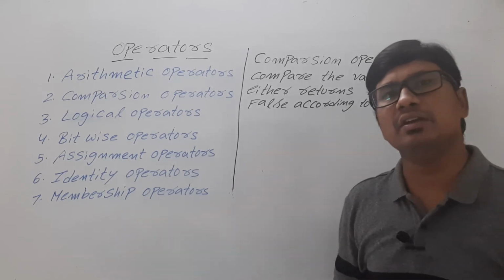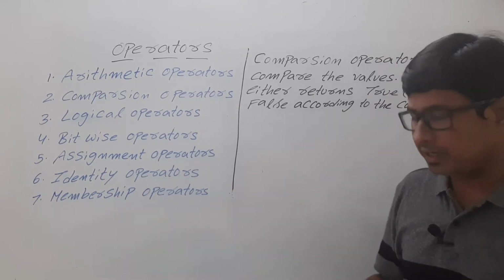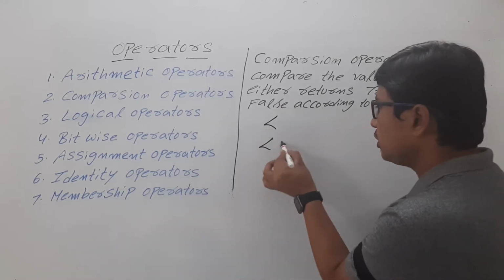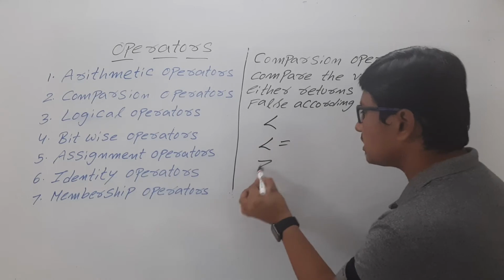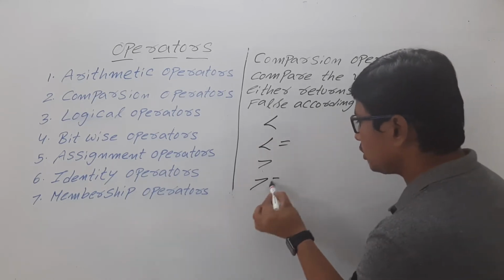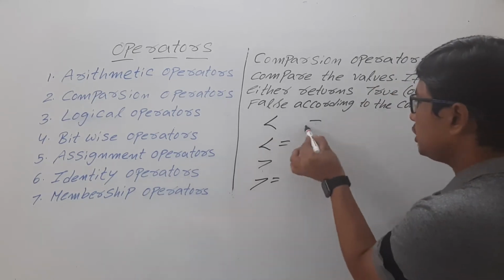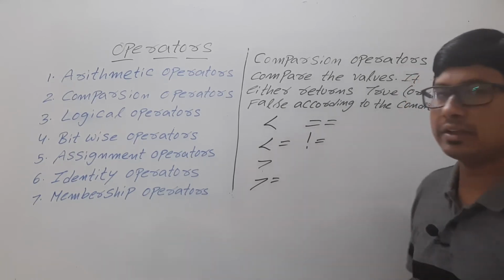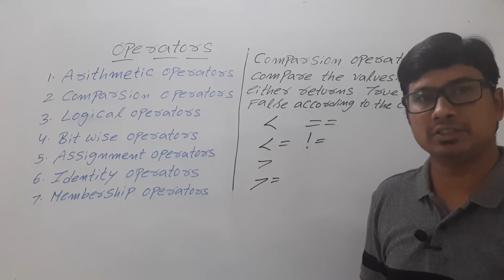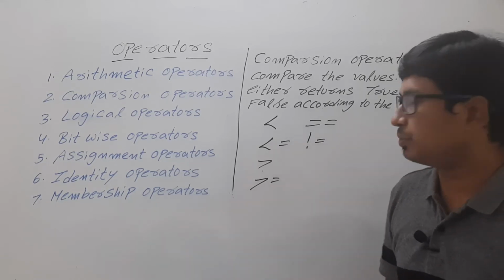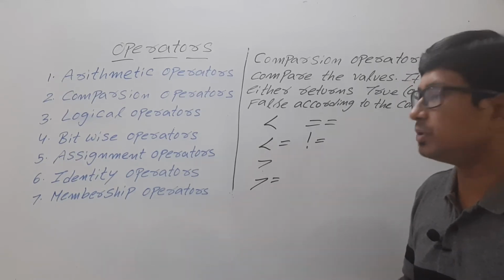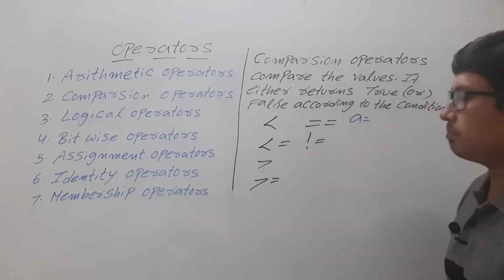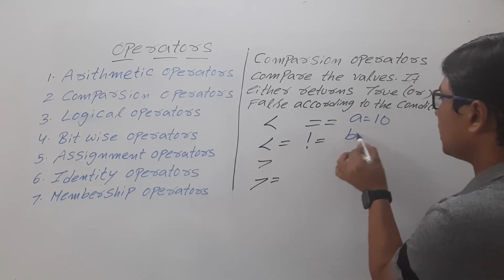We have several comparison operators, such as less than, less than or equal to, greater than, greater than or equal to, equal to, and not equal to. These are the various relational operators Python supports. Now let me discuss all these operators with a simple example. Let's take that a value is 10, b value is 9.